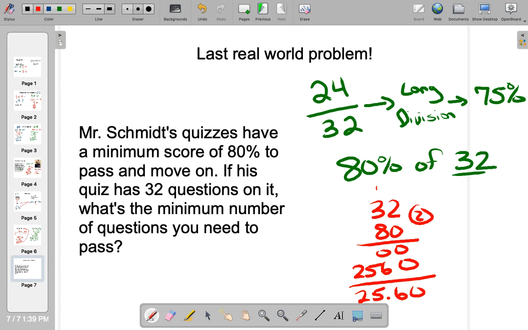So the question is, what's the minimum number of questions you need to get to pass? Well, if I got 25, I would be under the 80% because it's 25 and 60 hundredths.